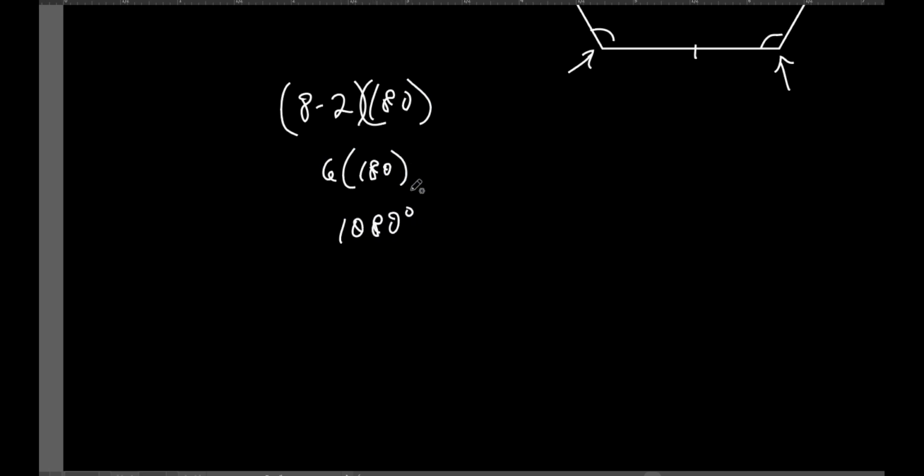And then, how do I find each angle now? Divided by 8, because there's 8 of them, and that I think is 135. So if you pull up to a stop sign and you have your protractor and you measure the angle that it makes, don't do that, by the way, all right, you're going to find out that it's going to be 135 degrees. I got a little bit more to do, so I'll give you some more stuff tomorrow.